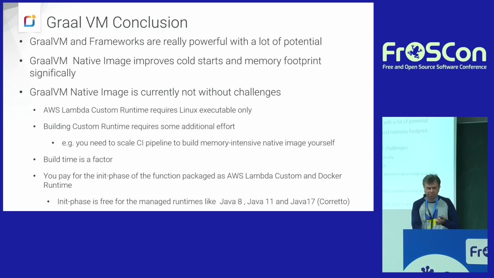It's not like a managed JVM that you don't need to take care of. And you need pipelines that create this custom runtime, which creates this GraalVM native image. On my machine, it requires between 6 and 10 gigabytes to create a native image for one Lambda function. It's just also the operating system and all that stuff.